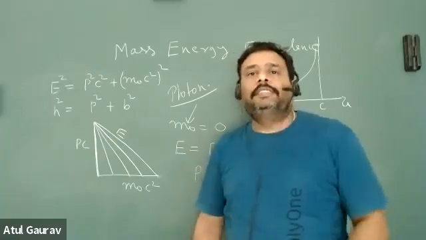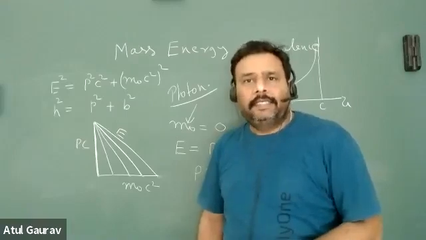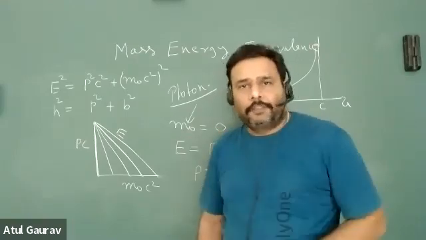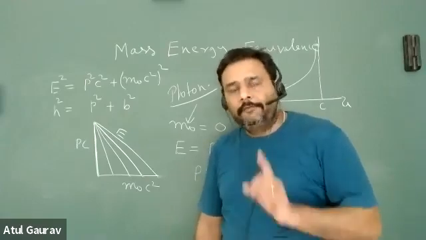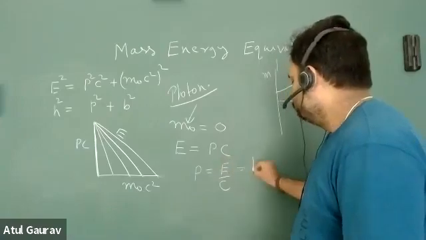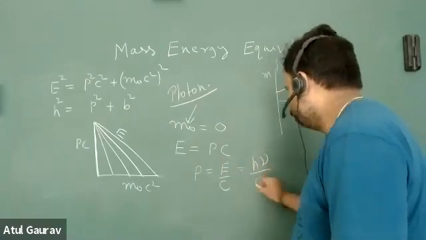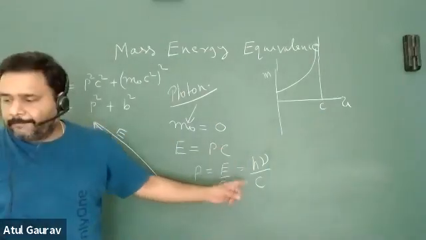Why does it have momentum? Because it has energy. So from where is it getting the energy? We have seen in the photoelectric effect and all these things that the photon has energy due to frequency.